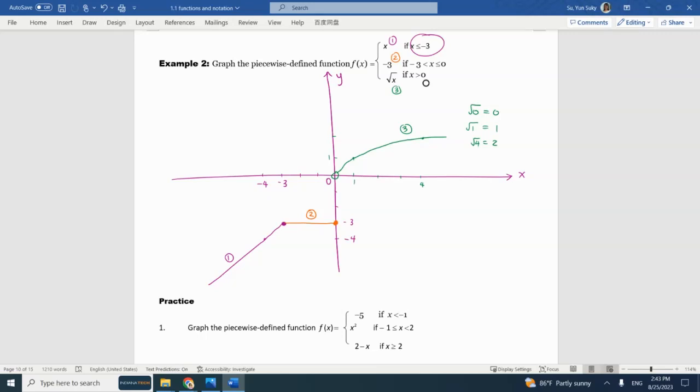And it's just a straight line. The negative one is this one. These are just straight lines.